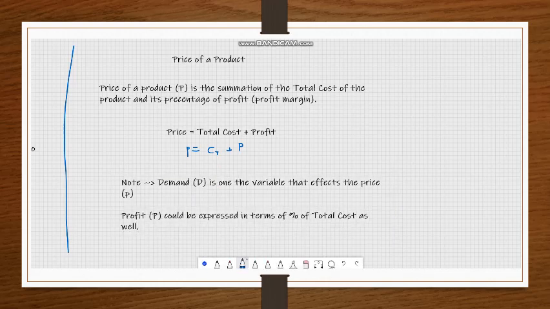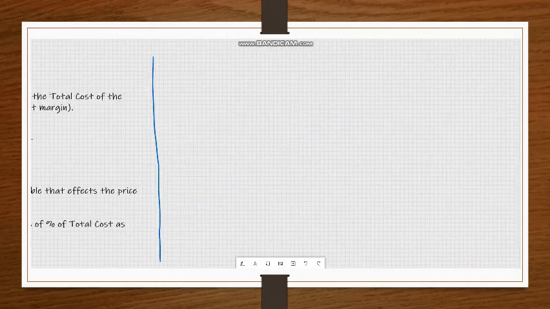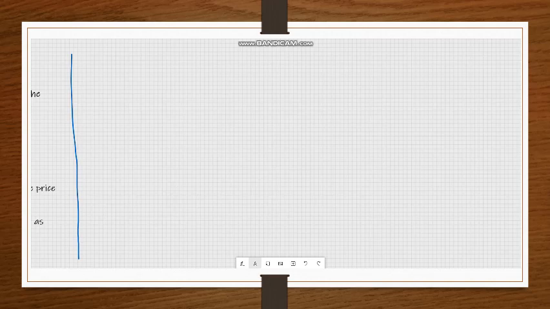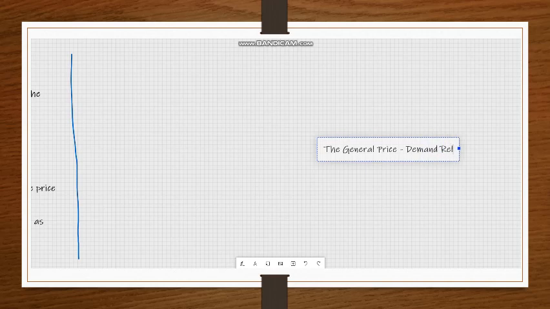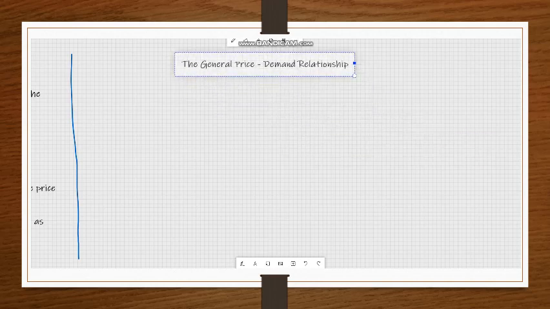All right, let's draw a line here and jump to another subject, which is the general price and demand relationship. How are we going to make the relationship between the price and the demand?